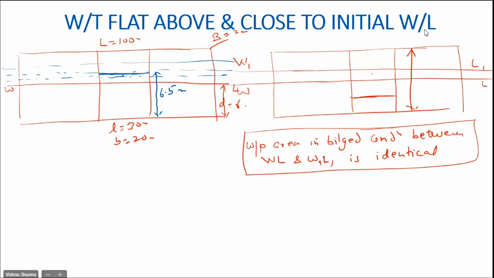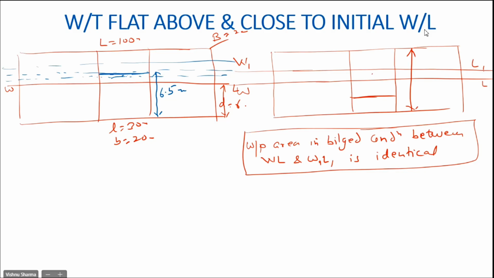And if I cannot draw the W1L1 without knowing where it is to be drawn, then I cannot visualize the water plane area in the bilged condition. And if I cannot visualize the bilged condition water plane, I cannot solve the question. So in such questions, you can read the title on top of the slide.